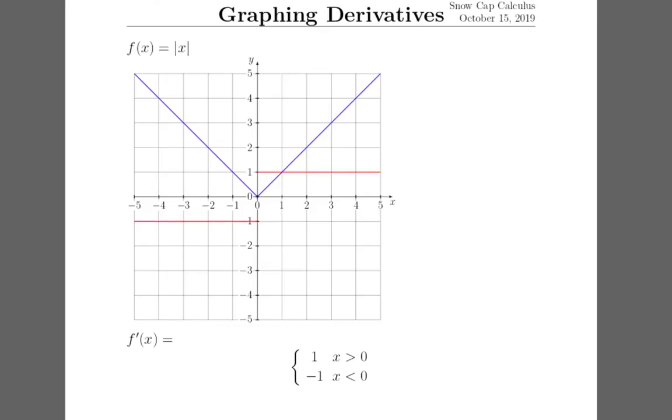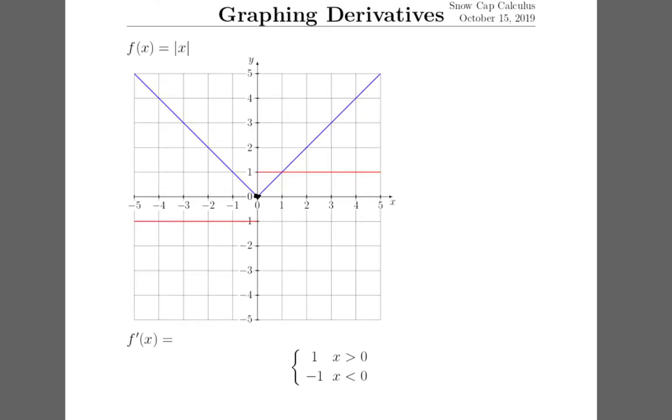Something to consider: we earlier talked about the mean value theorem, and the main reason why the mean value theorem does not work in this case is because we have a point on our function that is non-differentiable. It's this corner right here at the origin. That point is non-differentiable because you can't take the derivative of it.